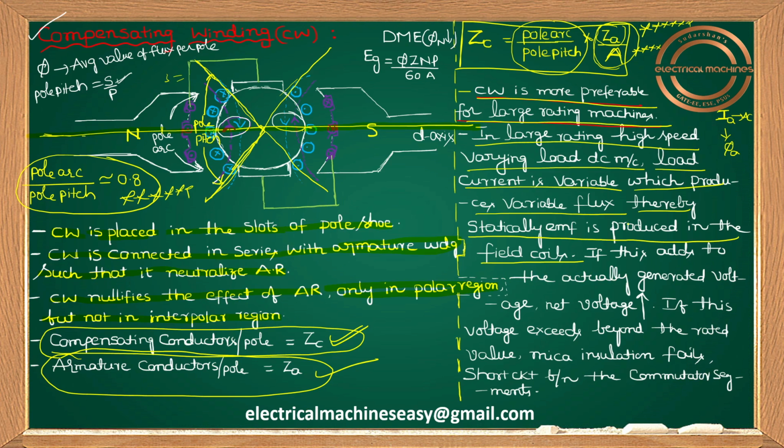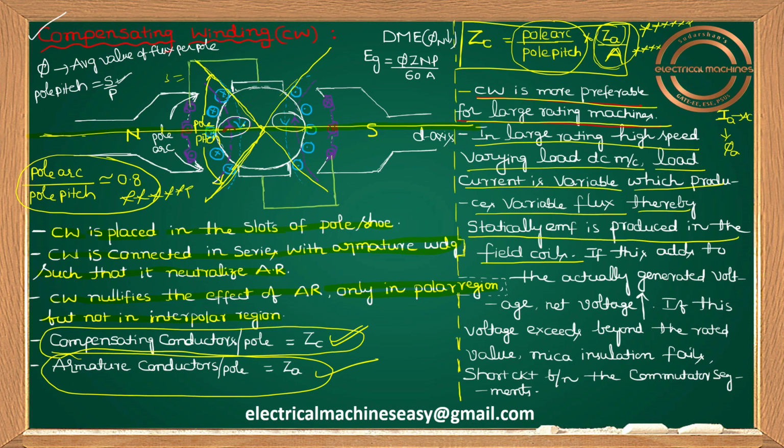In large rating machines, which run at high speed, where the load is varying, a variable flux is produced, thereby static EMF is induced in the field coils. Here the armature current in the armature winding is AC, and the flux from the armature current is once again AC.